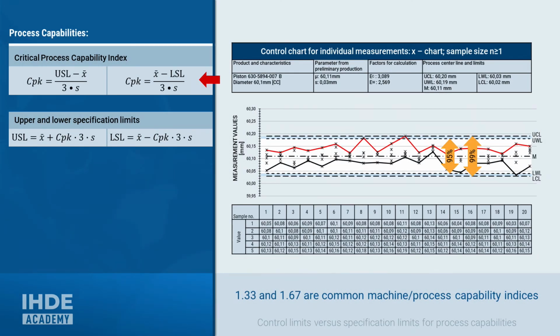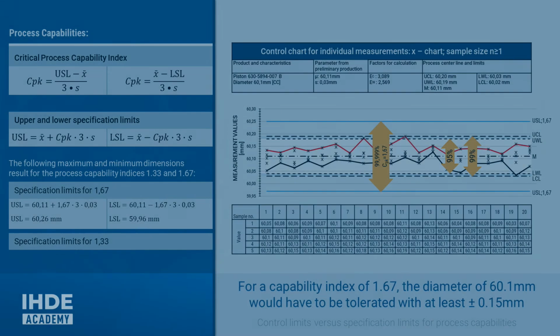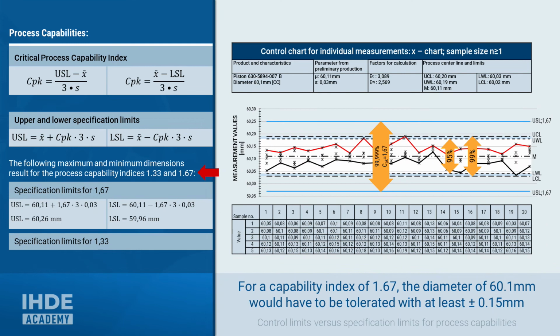The critical process capability formulas are shown on the left. Underneath, these were transposed to the upper and lower specification limits. The specified critical process capabilities should be 1.33 and 1.67.